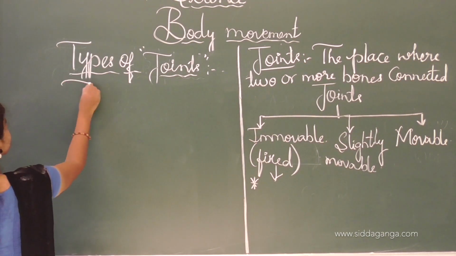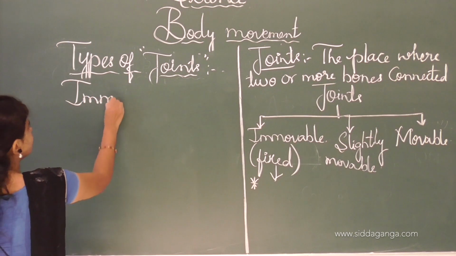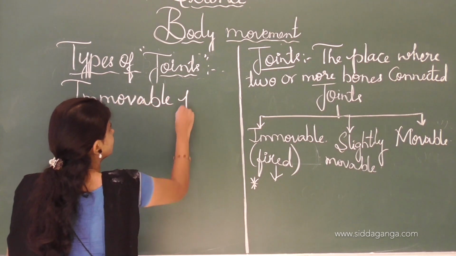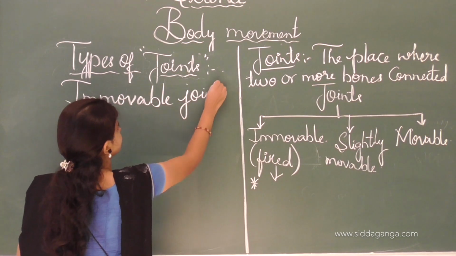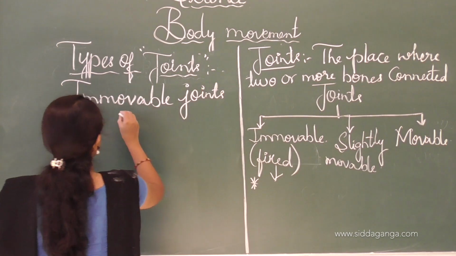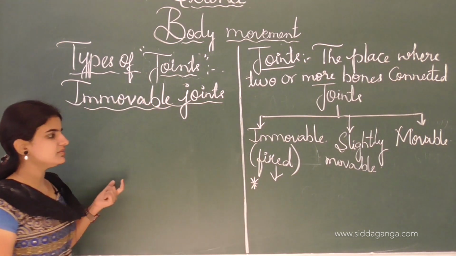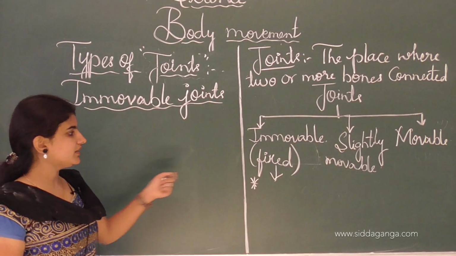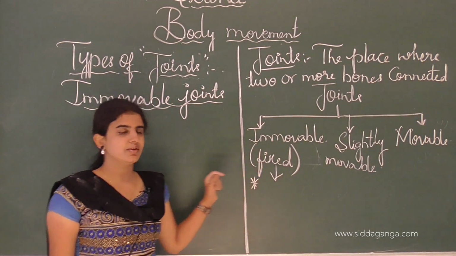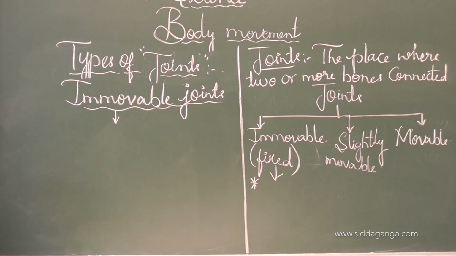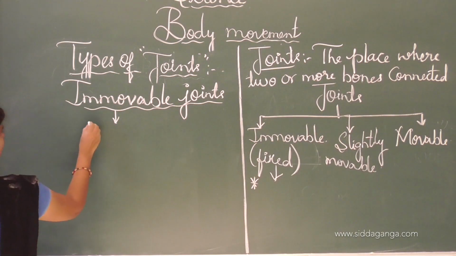The first one is the immovable joints. The name indicates that immovable means it can't be moved at all, and it is fixed in nature. These immovable joints are fibrous joints.